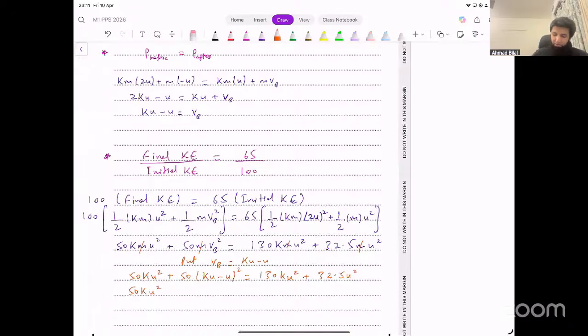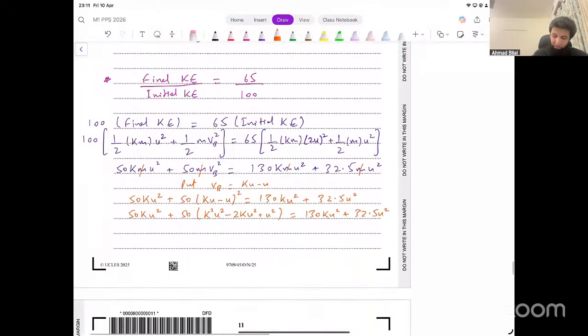It is again going to be an issue because we are going to have K squared U squared in this case, and that is going to be a problem. Actually, let's try this. Plus 50 into K squared U squared minus 2Ku squared plus U squared. And then on the other side, we have 130 Ku squared plus 32.5 U squared.